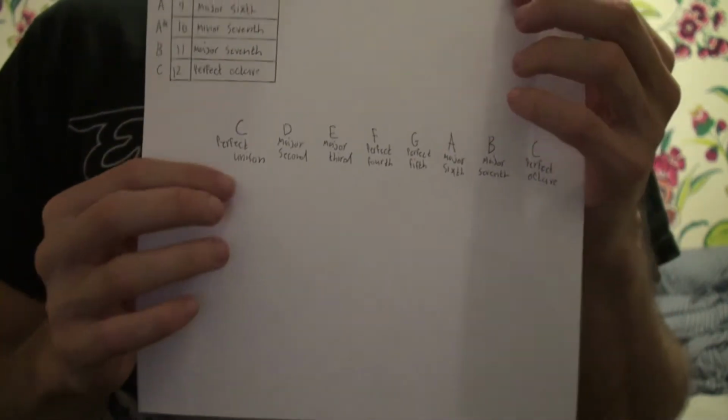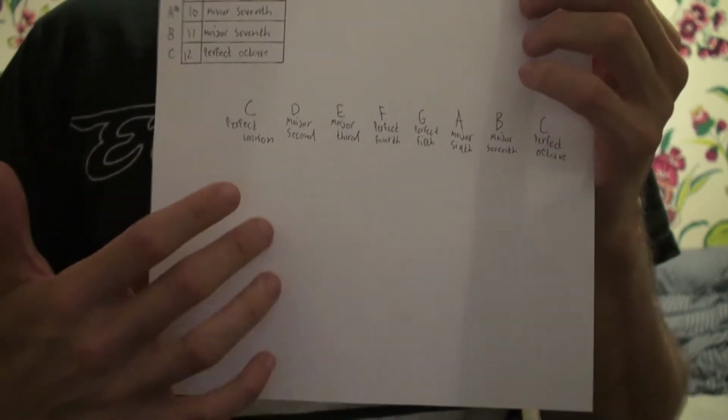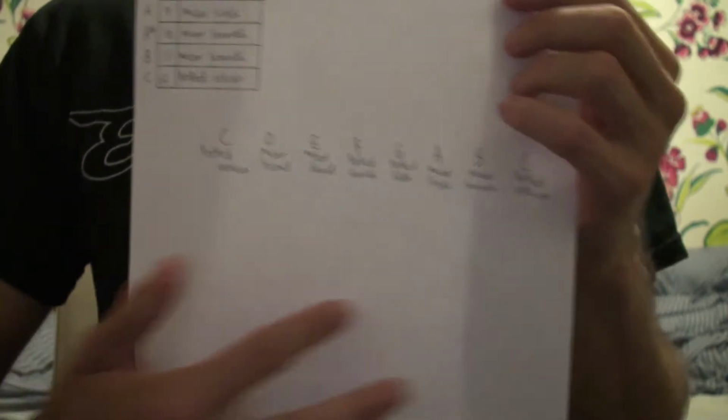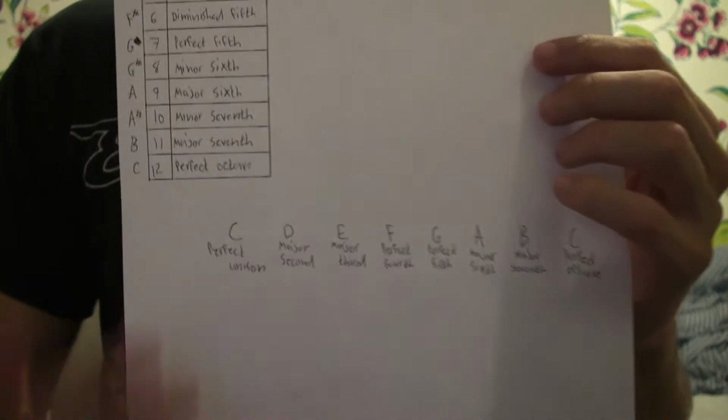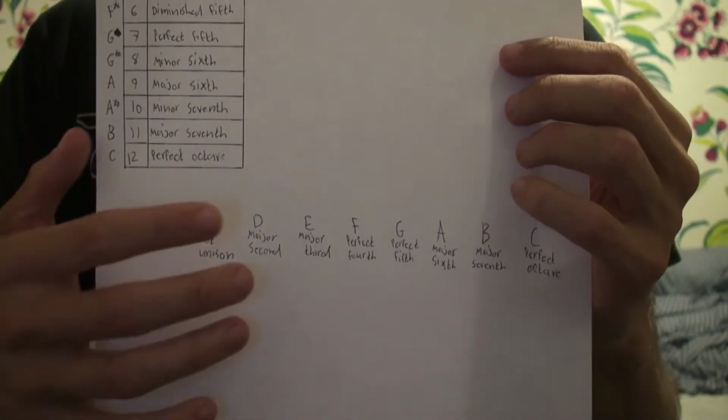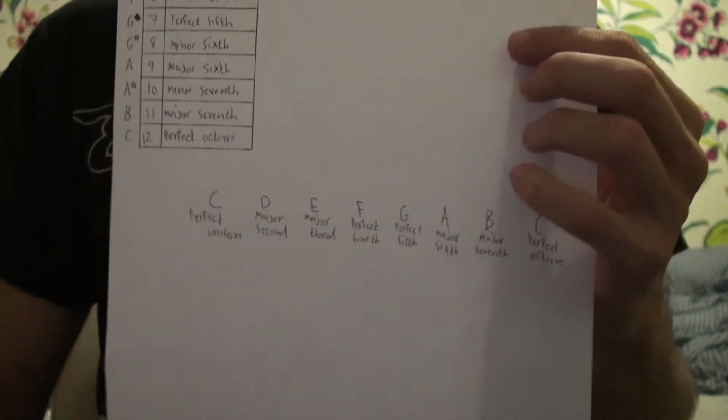So you start on whichever root you want, and those intervals then build all the keys, and the intervals are always the same because they always use the same intervals to be built with.